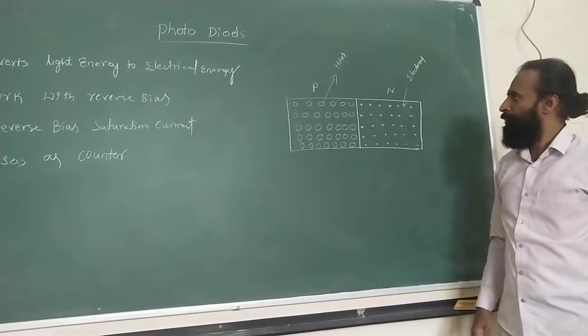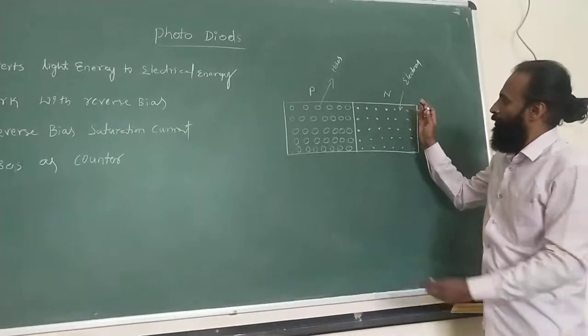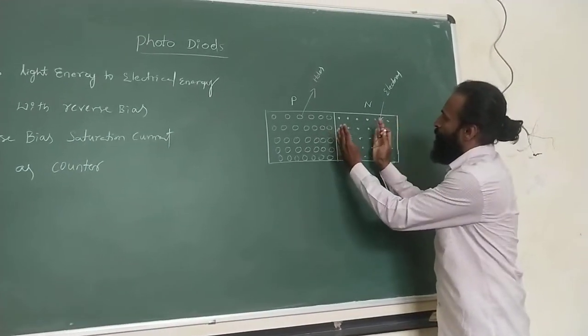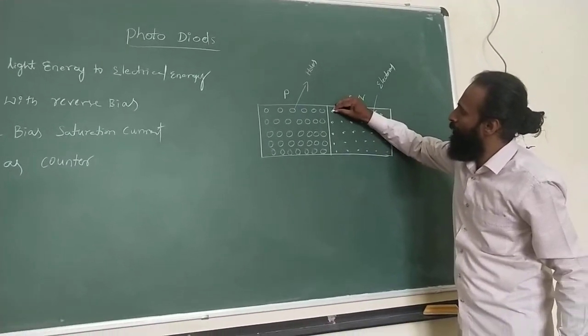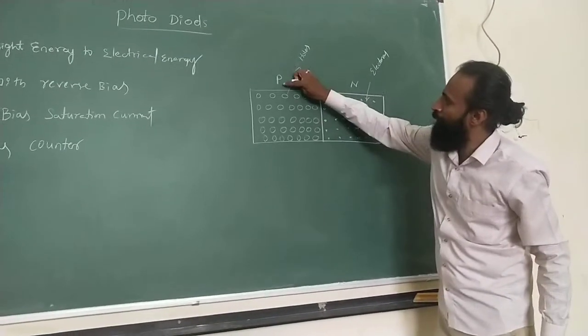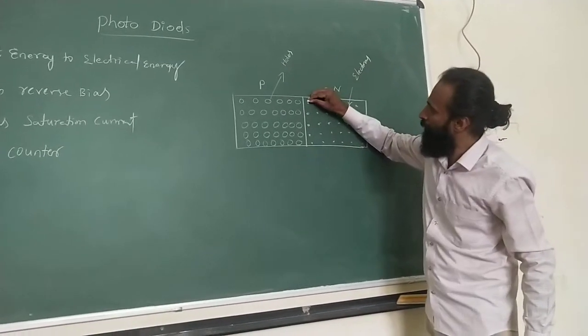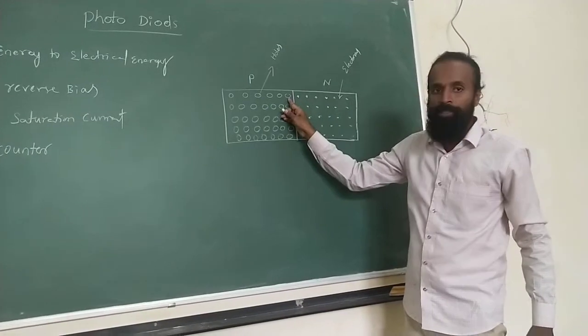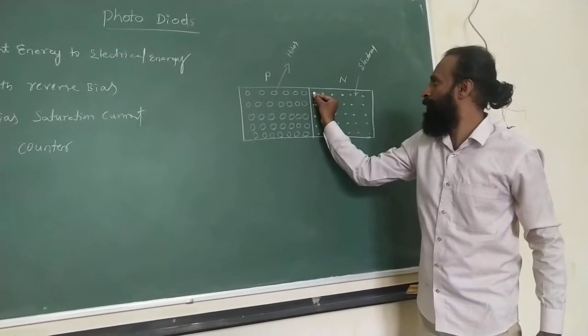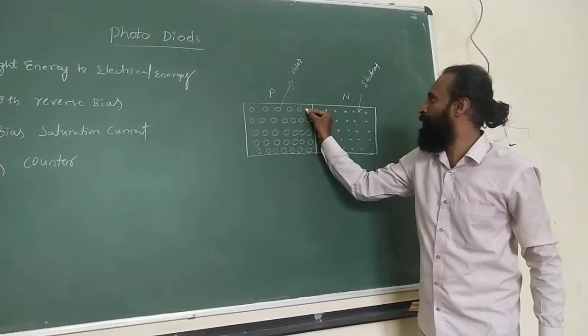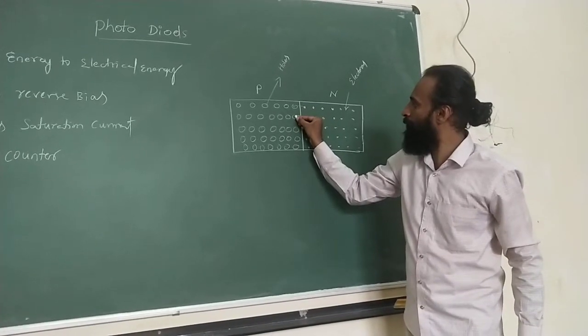Near this PN junction, the electrons will move towards the P type semiconductor, attracted by the holes.